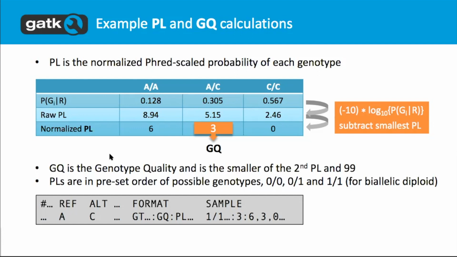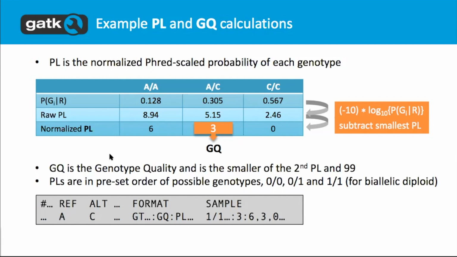We normalize so that the chosen genotype for that particular sample, in this case the CC heterozygous variant SNP, is always 0. It's just convention. All the other genotypes are scaled so that, relatively speaking, they tell us the degree of confidence relative to the one that was chosen.